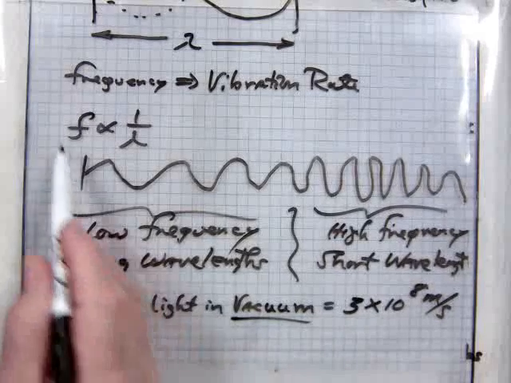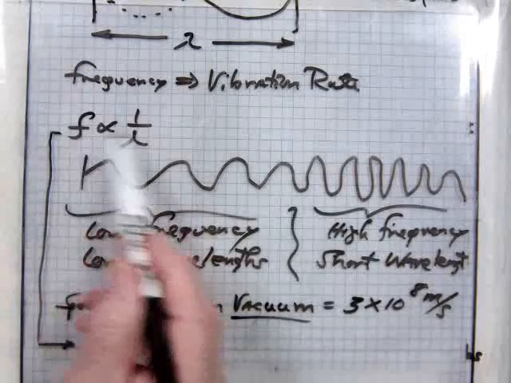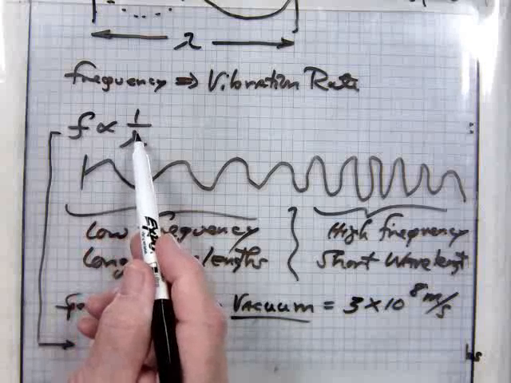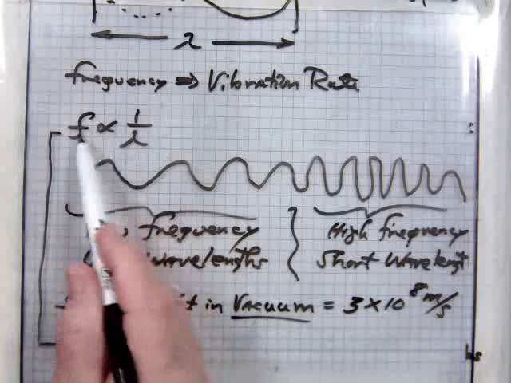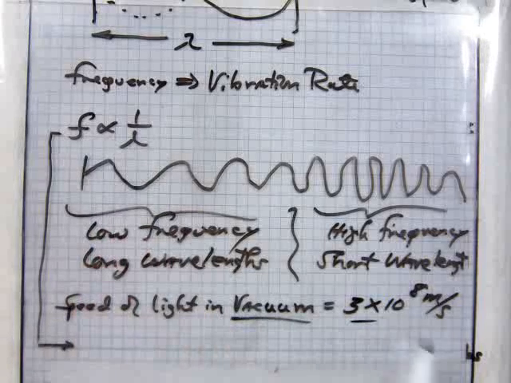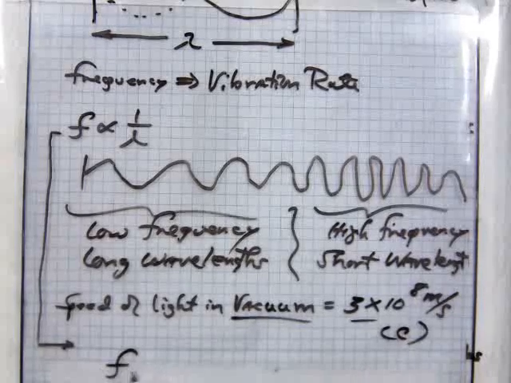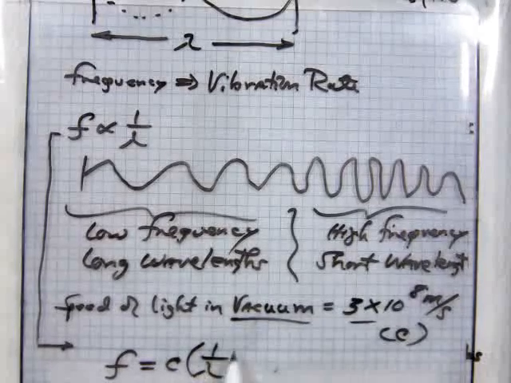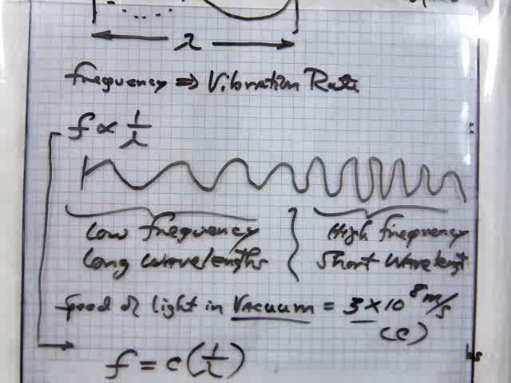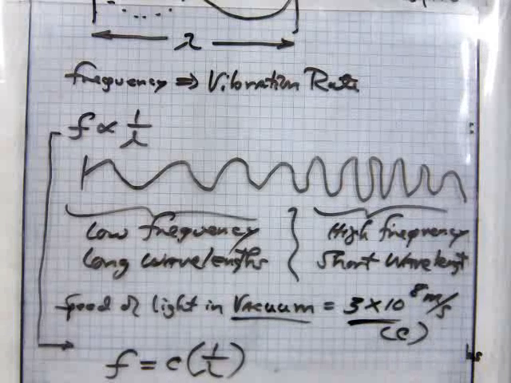Well, it turns out when I equate the two, frequency and the 1 over lambda, the proportionality constant that equates these two terms is the speed of light, and it's given a symbol c, lowercase c. So I have the first equation, F equals c times 1 over lambda, which is the frequency wavelength relationship. Well, c is going to be a constant. It's always 3 times 10 to the 8 meters per second.